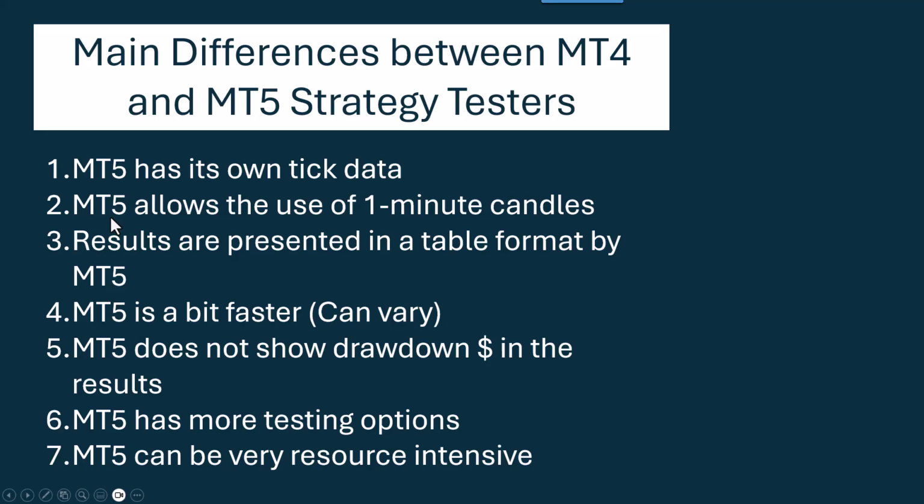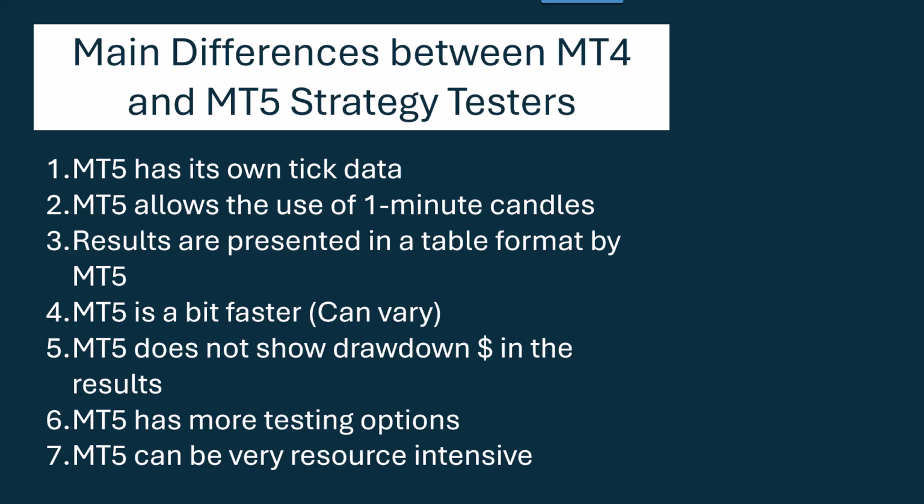MT4 allows you to use 1-minute candles to test faster. Now I'll explain that later on when we actually do the optimizations. MT4 doesn't have that facility. The results presented are in nice table format by MT5.